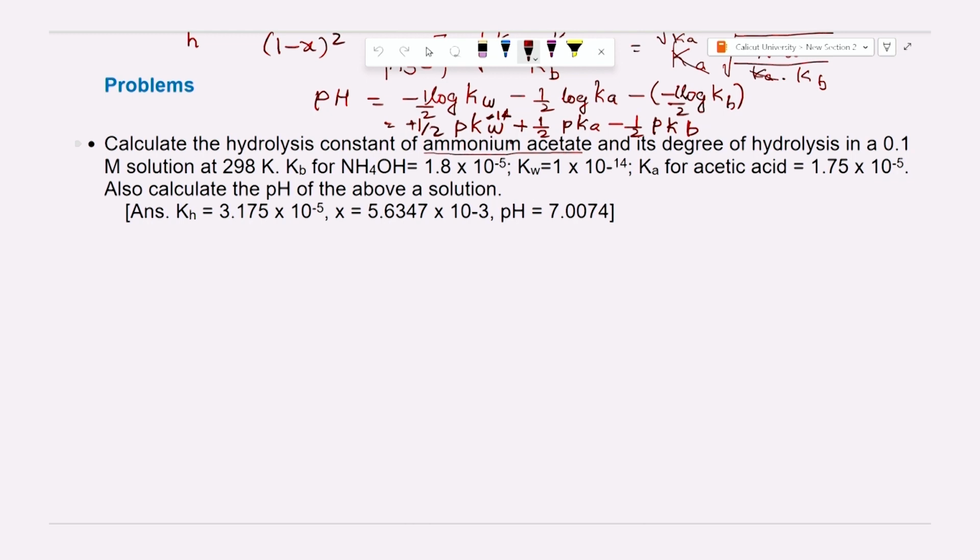So, both are weak, and its degree of hydrolysis in 0.1 molar solution at 298 Kelvin. So, you have to find out the hydrolysis constant of ammonium acetate and its degree of hydrolysis. So, these are the things we have to find out.